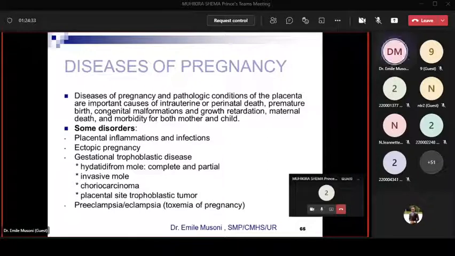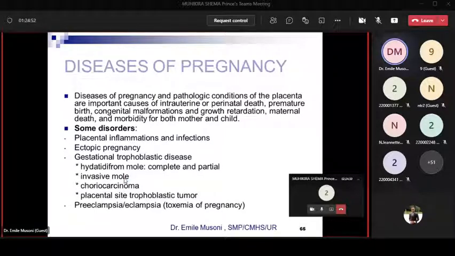So, the disorders of pregnancy: we have those we call gestational trophoblastic disease. We have hydatidiform mole, invasive mole, choriocarcinoma, and preeclampsia.